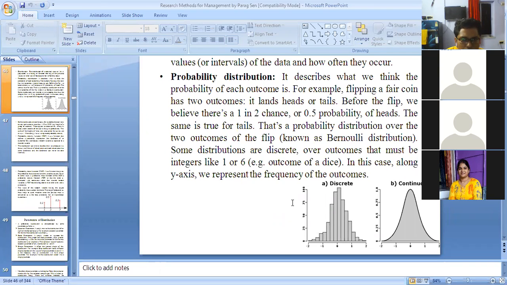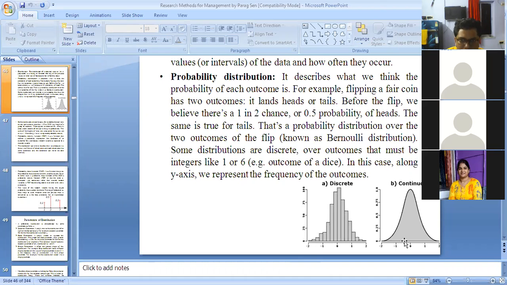For example, if you throw a dice, what is the probability that the value 3 will come out. Only the probability you are representing along the y-axis.